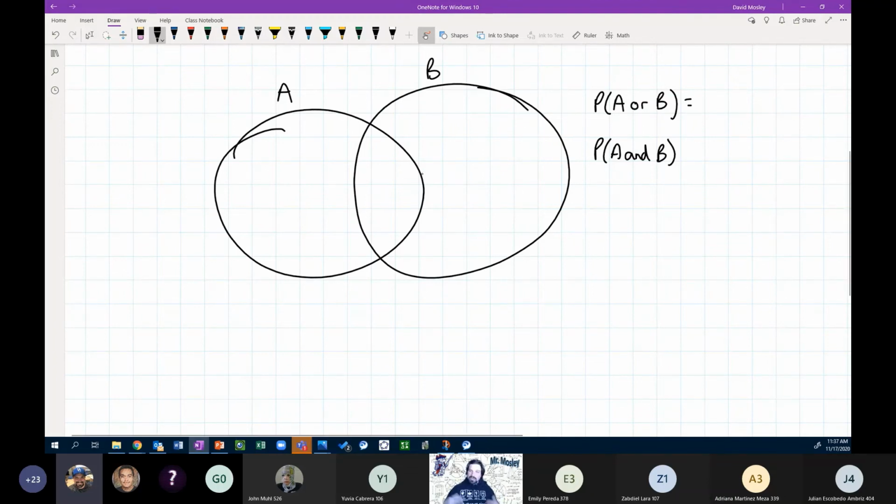In this case, because I only have events A and B, that's the entirety of my sample space. That's equal to 1, because that's everything. I don't have anything else.